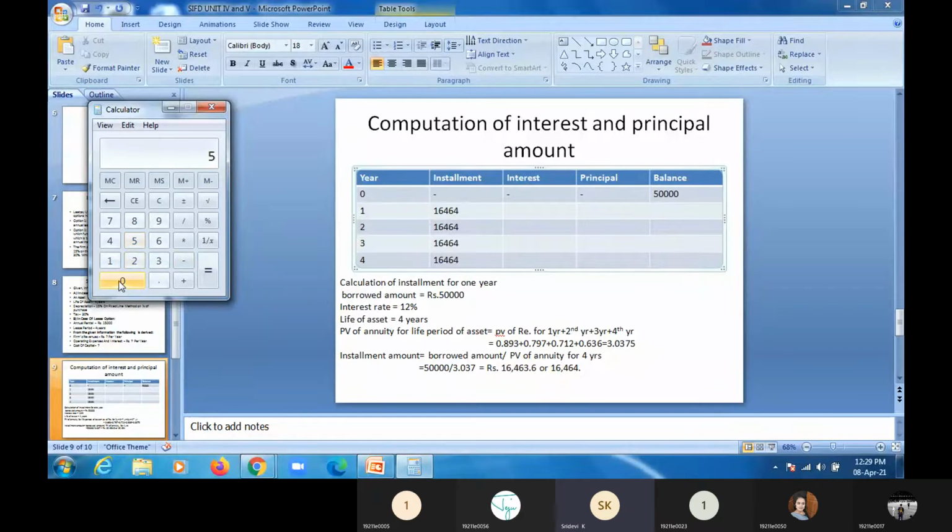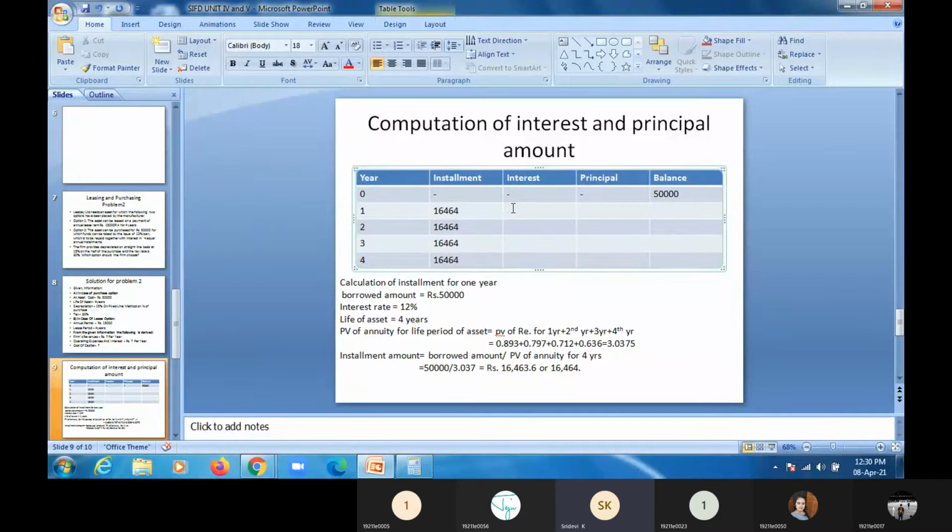Let us calculate: 50,000 into 12% gives you 6,000. Among the installment amount, 6,000 is related to the interest. So 16,464 minus 6,000 gives the balance of 10,464. That remaining amount is nothing but the principal amount.